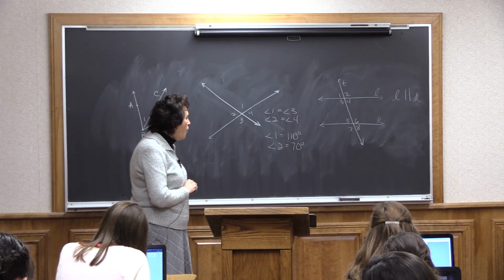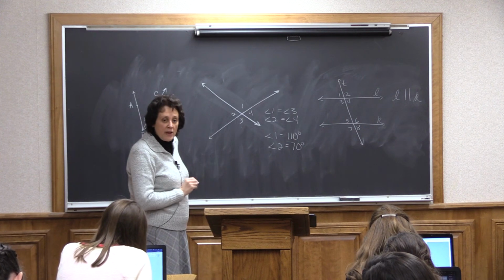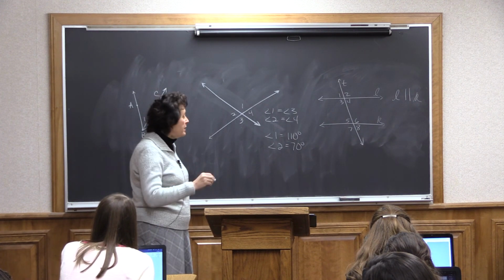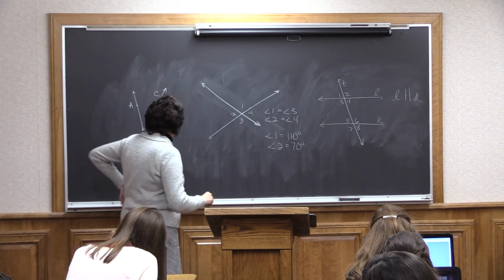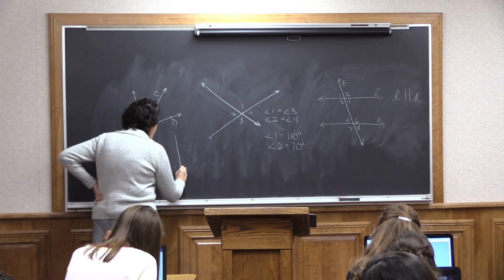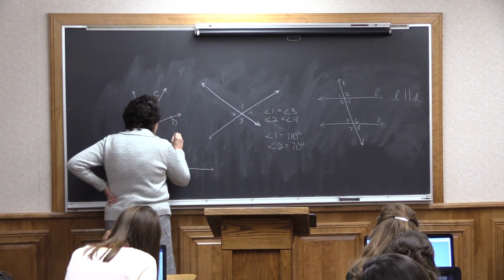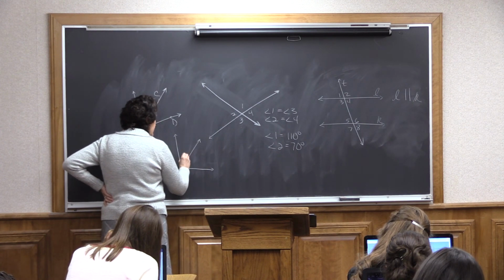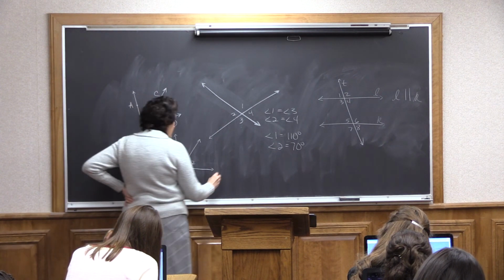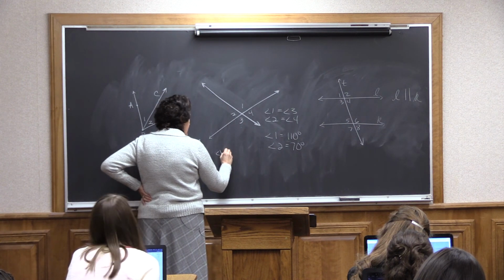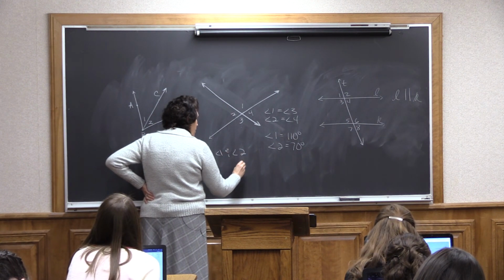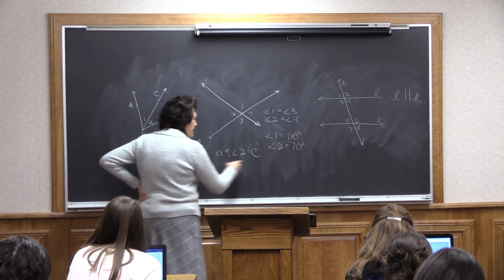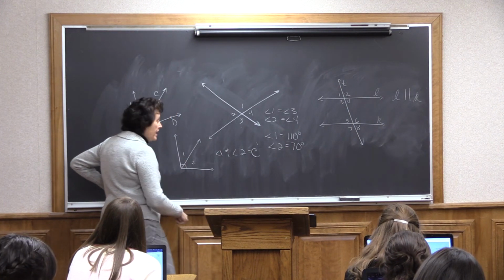So we can always find the measure of other angles based on their location and based on what we know about the figure. If I have two adjacent angles on a right angle, then they would be complementary. So angle 1 and angle 2 are complementary on this figure because they're in a right angle.